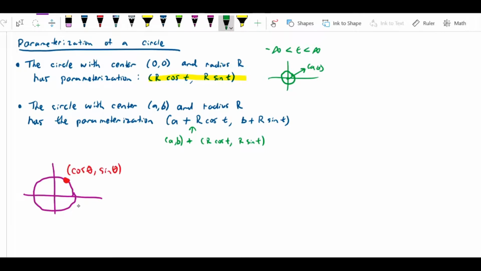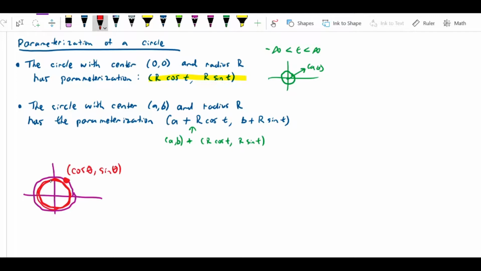It's possible that different values of t generate the same point over and over again. If I let t keep going out to infinity, I just keep going around the same circle, generating the same points many times, which is fine. Parameterizations just work that way.